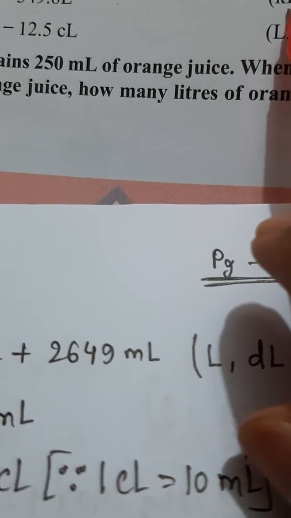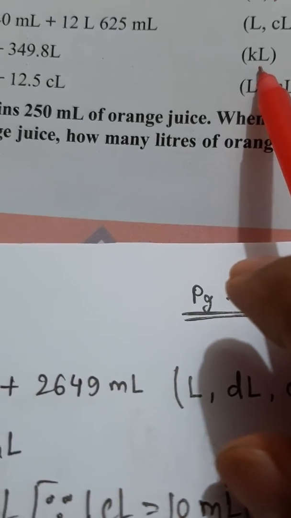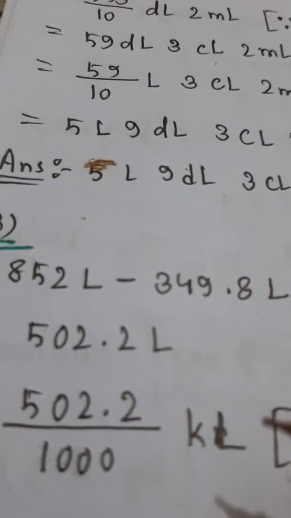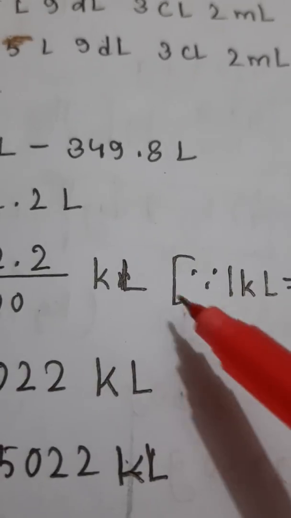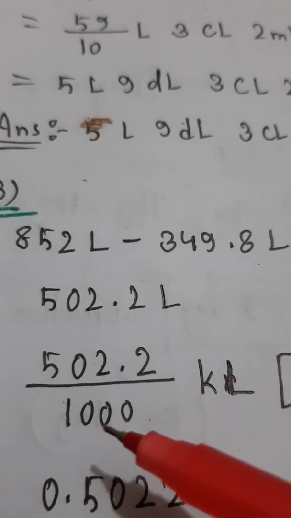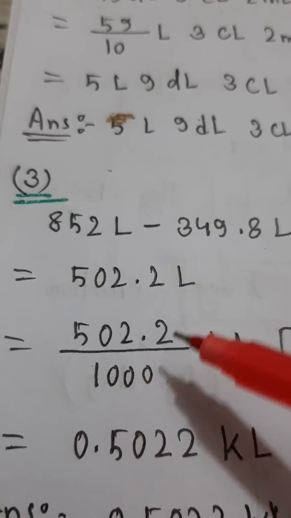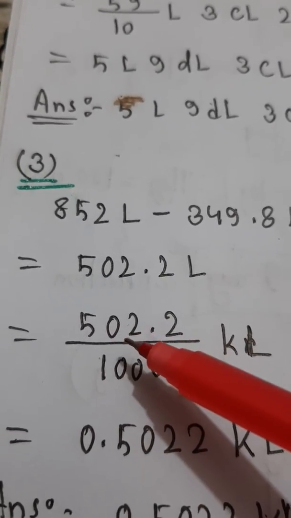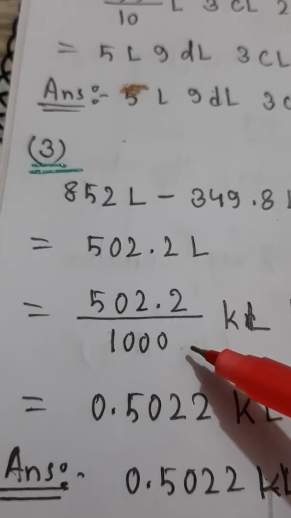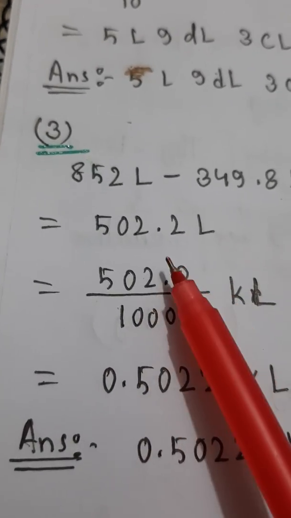Then we express it in kiloliter, just 1 unit, kiloliter. We know 1 kiloliter equals 1000 liter. So 502.2 divided by 1000, we get our answer.